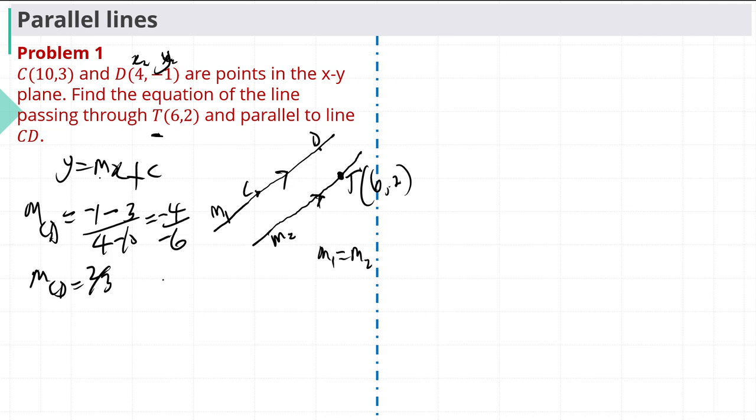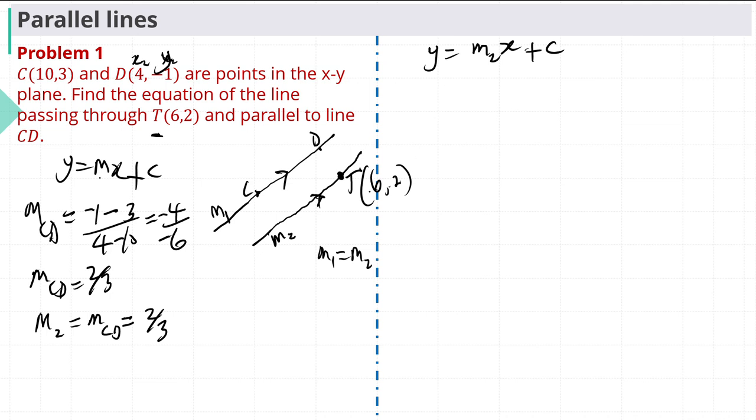It tells us that the gradient M2 is same as the gradient of line CD. So now the equation of the line passing through T, y equals mx plus c.